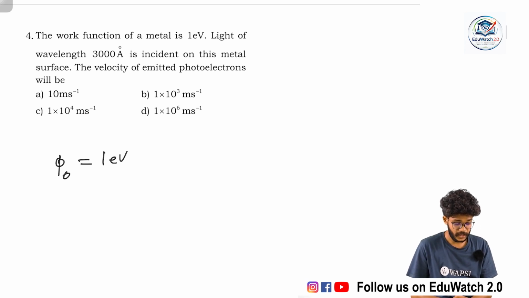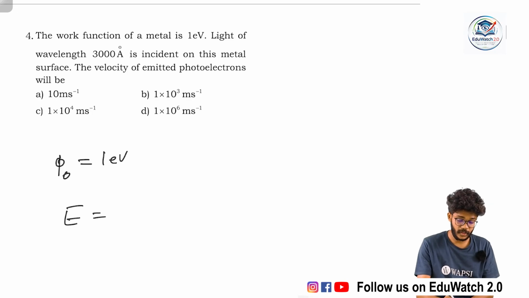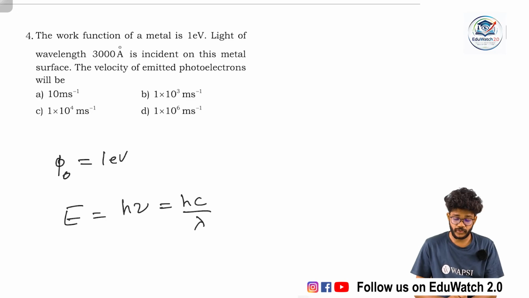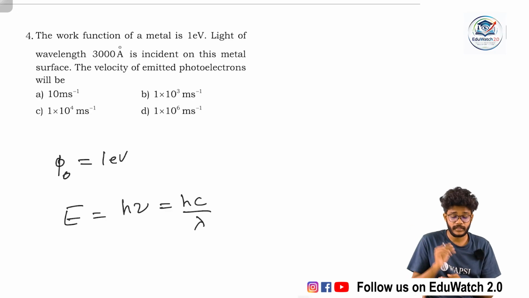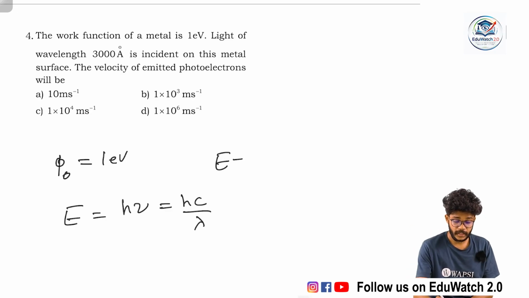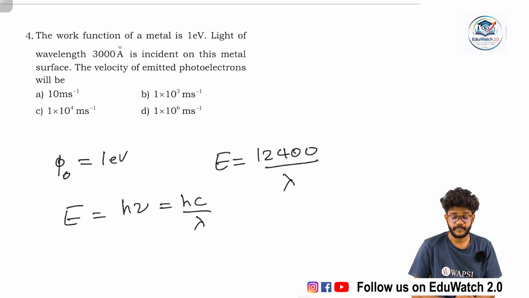Which equation connects energy and this wavelength? We know that energy is equal to h nu, that is hc by lambda. We don't want to do all this calculation. In the previous section I gave a compressed equation: energy E is equal to 12,400 divided by lambda, with wavelength in angstrom.